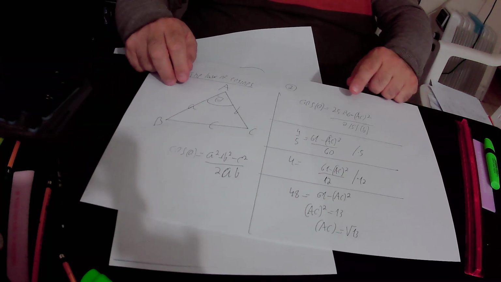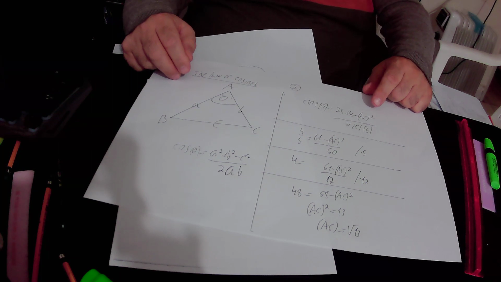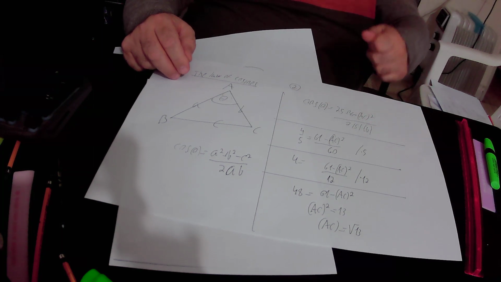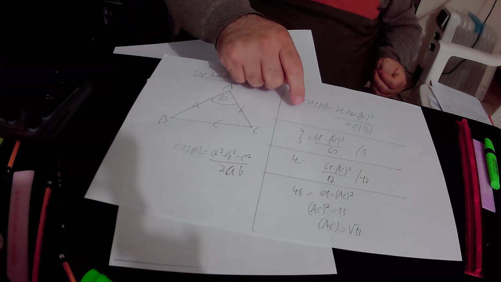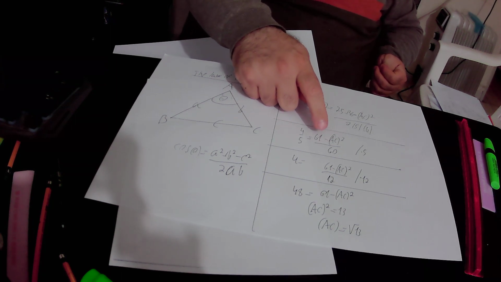So 25 plus 36 is 61, minus AC squared over 5 times 6 is 30, and 30 times 2 is 60. So cosine theta equals 4/5, so 4/5 equals 61 minus AC squared over 60.